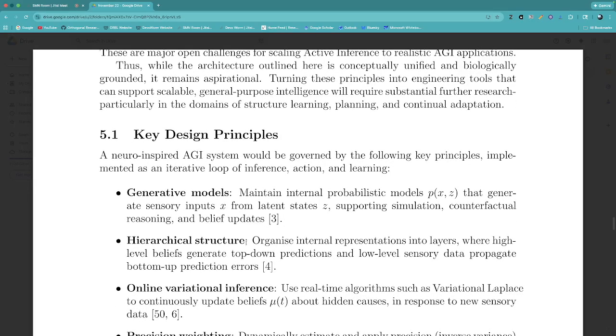We have generative models, which maintain internal probabilistic models that generate sensory inputs from latent states. So we have this joint function P(x,z). X is the sensory inputs, Z is the latent states, and these support simulation, counterfactual reasoning, and belief updating.